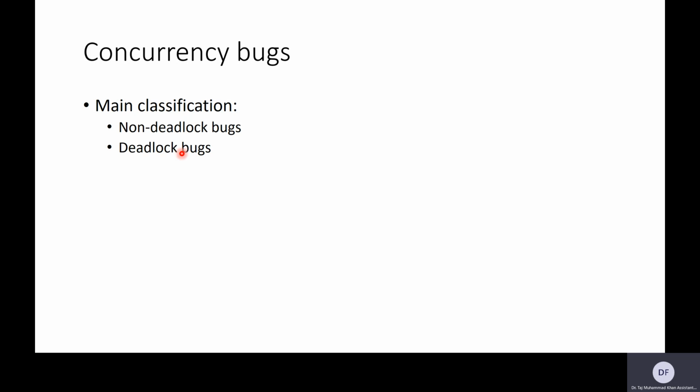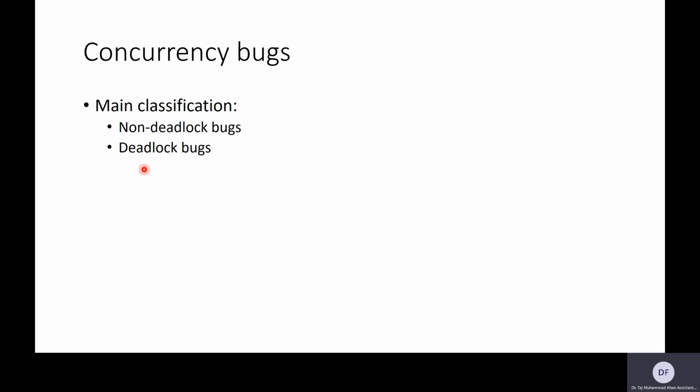So deadlock, as we have slightly seen in the last chapter, is a situation in which you have multiple threads waiting for each other and none of them is able to make progress. Since none of them is able to make progress, none of them releases the resources that the other is waiting for.